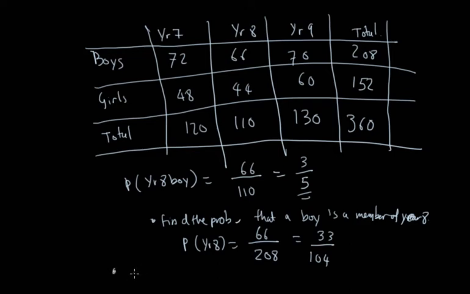Find the probability of a randomly chosen member of the school being a boy in year 8. So a probability a child in the school is a year 8 boy.